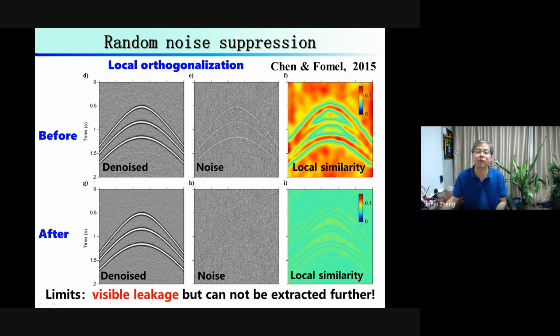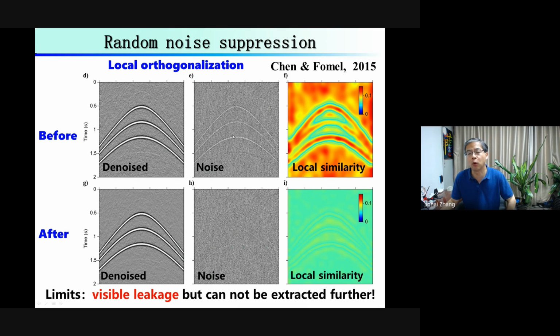That means we have some signal leakage in the background noise. If we can extract this, we can improve the signal to noise ratio in the denoised data. So people are still trying to develop new methods.